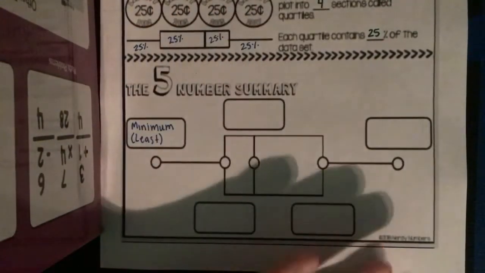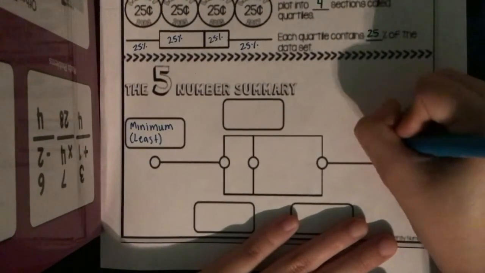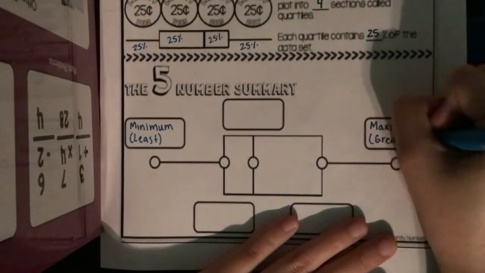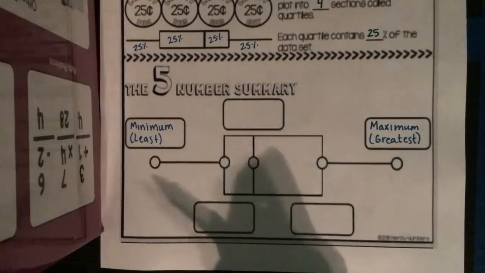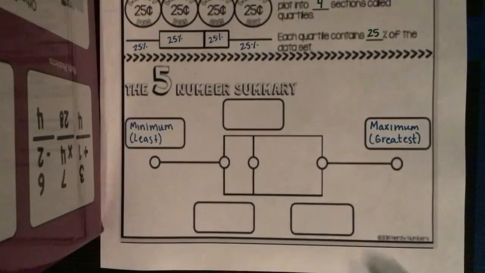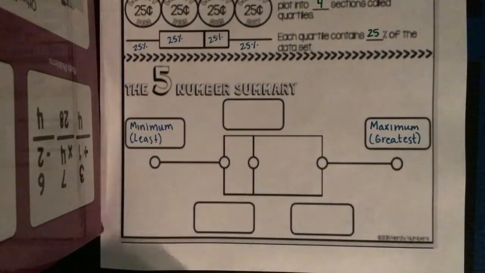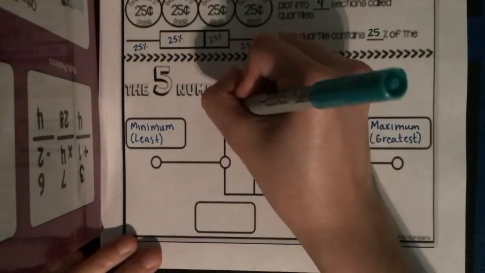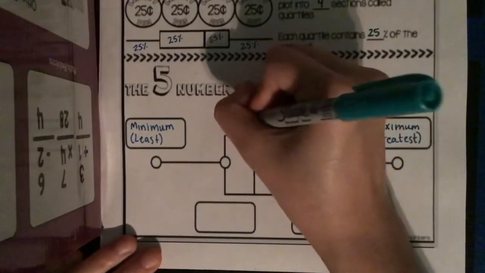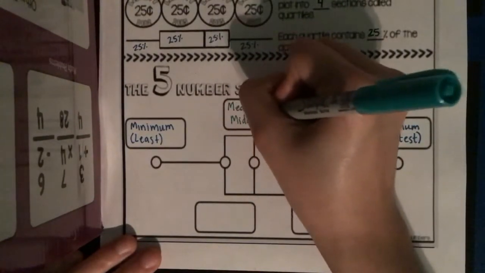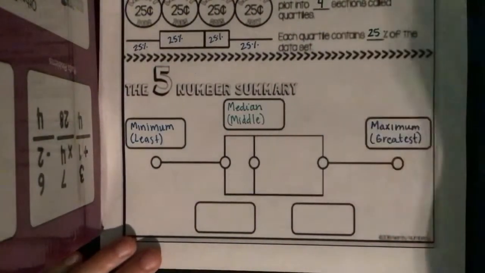And off to the right, we will have our maximum, which is the greatest. The other one that's also easy to remember is the middle. We talked about a word that represents the middle, and it starts with an M. That is our median, which is the middle. Whatever dot this falls on, that would be our median.